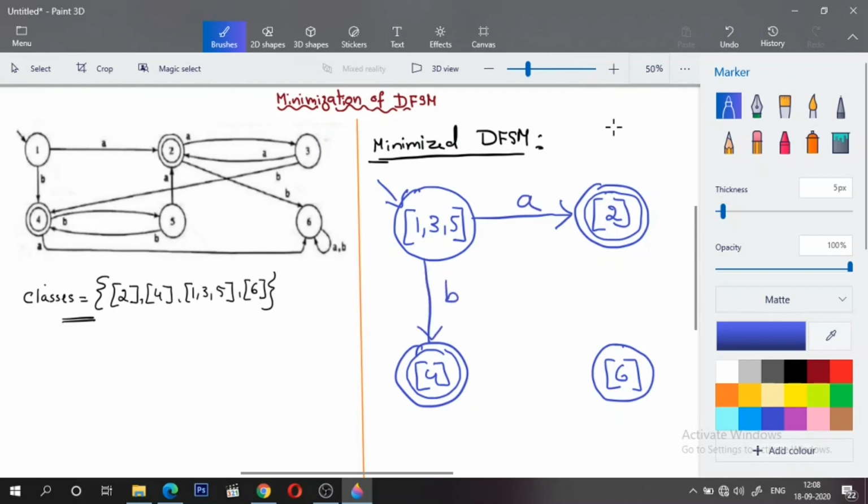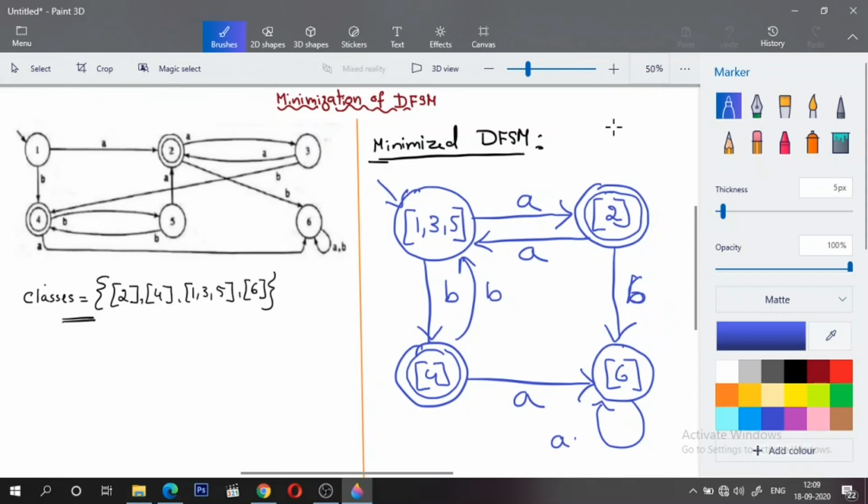Similarly, 2 upon A will make a transition to 135, and 2 upon B will make a transition to the class containing 6. And 4 upon A will make a transition to 6, and 4 upon B will make a transition to 135, and finally 6 upon A and B will make a transition to itself. It contains a self loop, right?